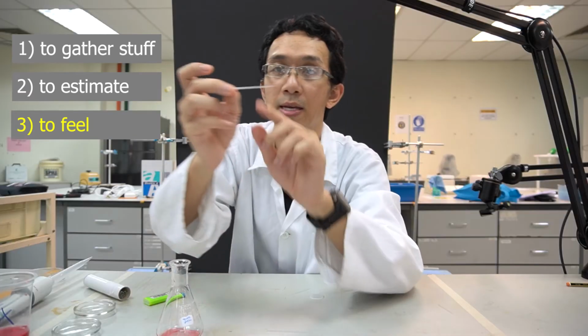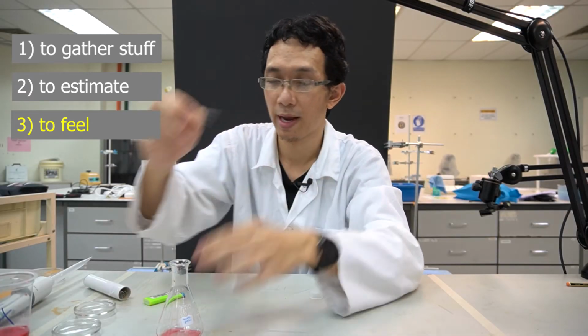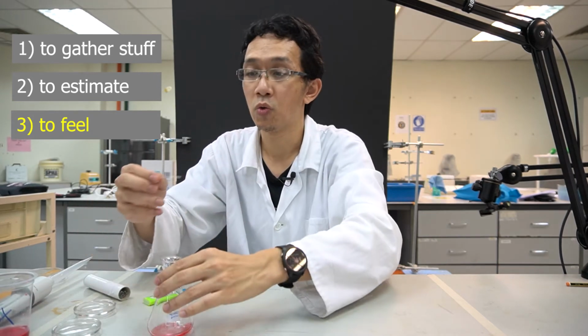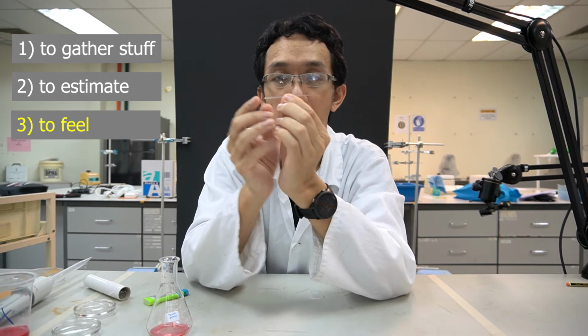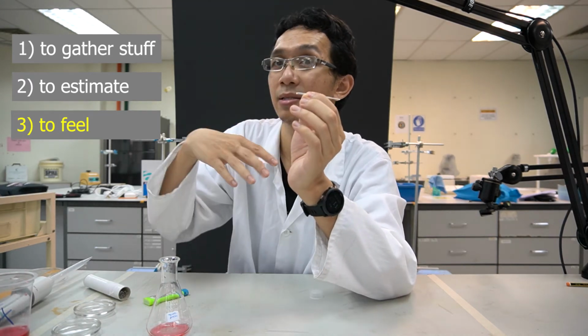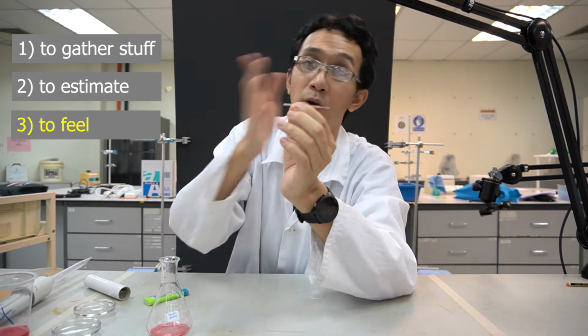If you break in the middle, then the spotter becomes too short and you cannot even reach there, which makes it very difficult. So you want to maintain the spotter length, but at the same time break the end here, because that's basically how a spotter works. You need both ends open.